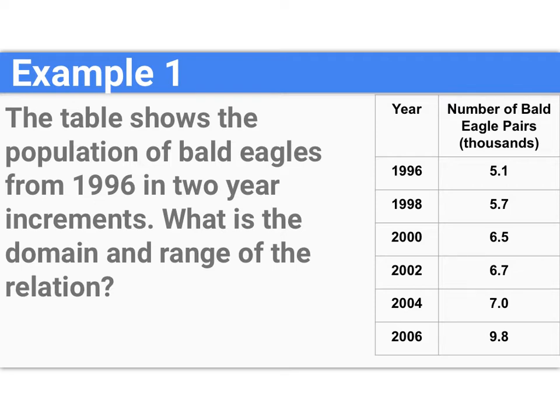In a traditional algebra class, the domain is X and the range is Y. Usually you're talking about domain as the independent, and there are all kinds of names. Your input. There's a couple other names. Your range is your dependent and your output.